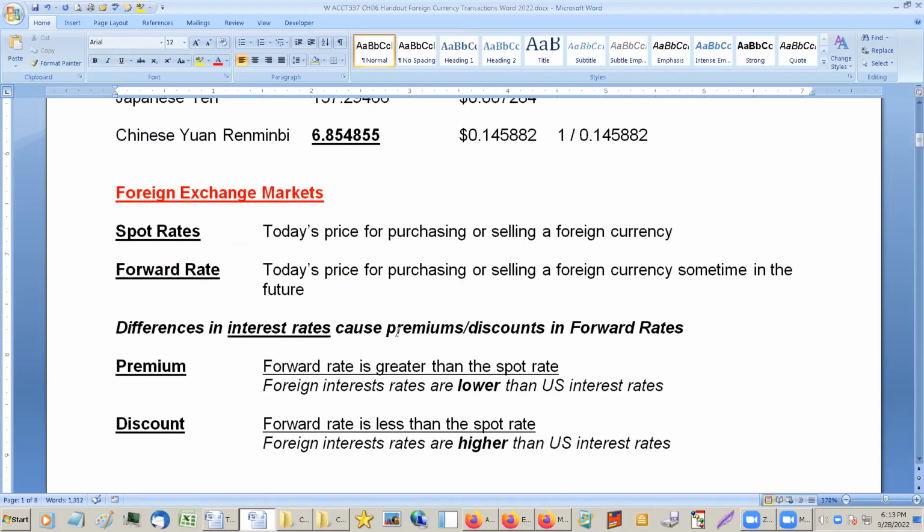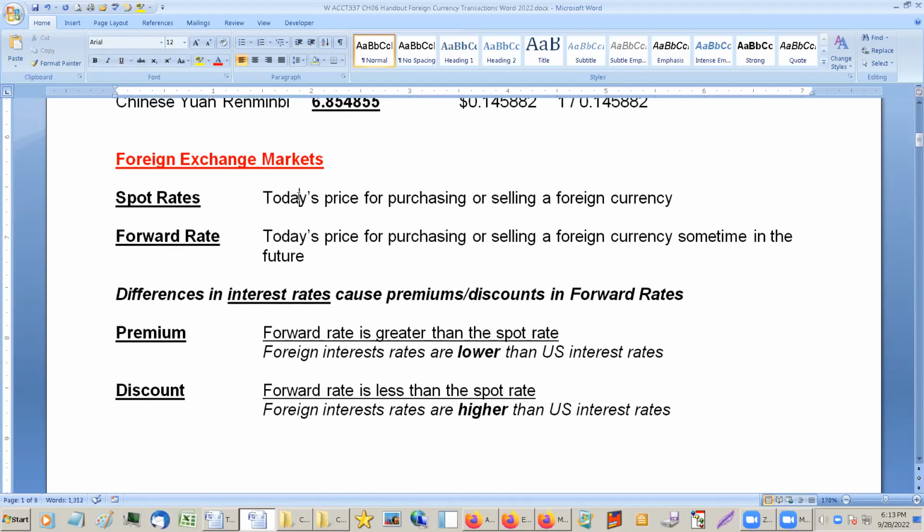Okay, a few different definitions here. Spot rates are on the spot. What's the rate for purchasing something in a foreign currency today? Forward rates are in the future.